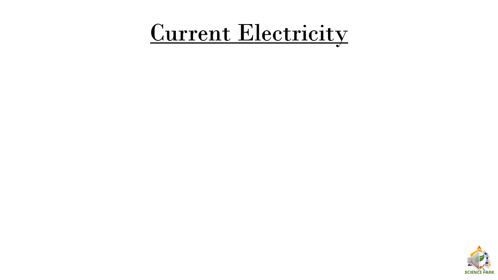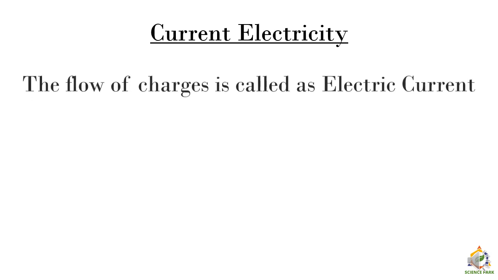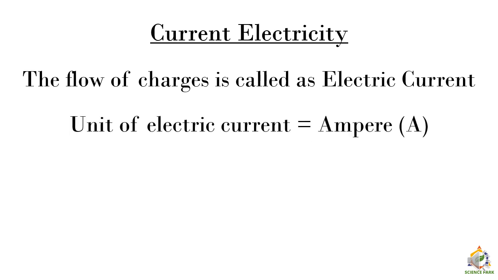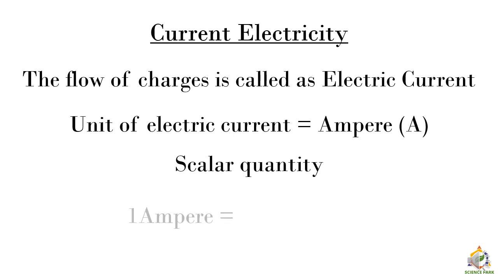Now we will see what current electricity is. The flow of charges which we have seen is called electric current, right? So in any circuit, charges flow and that we call current. The unit of electric current is ampere, denoted by A. It is also a scalar quantity.